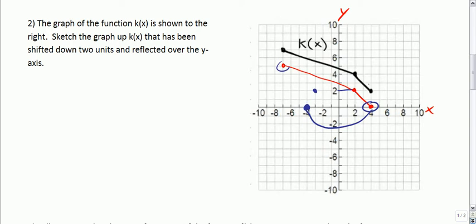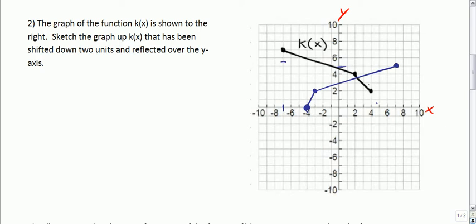This point, it's on the left side of the y-axis. It's going to move to the right side. Right now it's sitting at -7, so it's going to go over to +7, and it's going to have the same height of 5. So 7, 5, right there. My graph might have gotten a little messy for you, but I can erase some stuff here. The final graph goes like this, and like that.